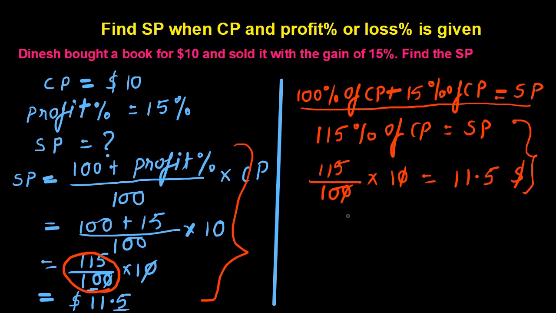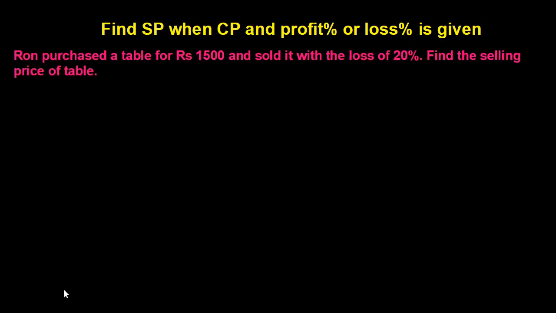Now let's take one more example where I will be explaining the loss concept. Yes, now this is the example. Let's read the question. Ron purchased a table for rupees 1500 and sold it with a loss of 20%. Find the selling price of the table. As we were discussing in the previous question, I told you whenever there is an increase in price, that's a profit for the seller definitely.